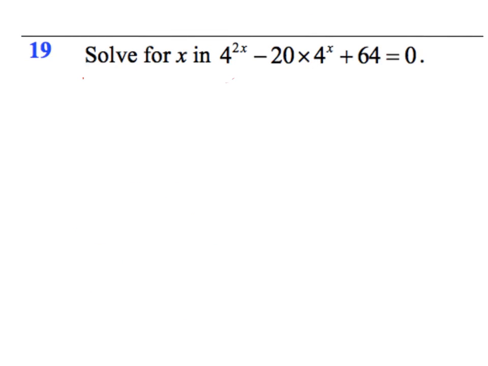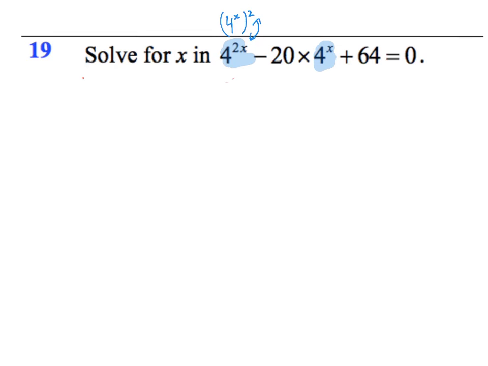Okay, now for this one, solve for x in this. If you look at this one, you can see that 4x is there, and see how this one, couldn't I rewrite that as 4 to the power x like that? Would that give me the same? Yes? Can you see that? So when you see one of these, you should hopefully see this is actually a quadratic equation.